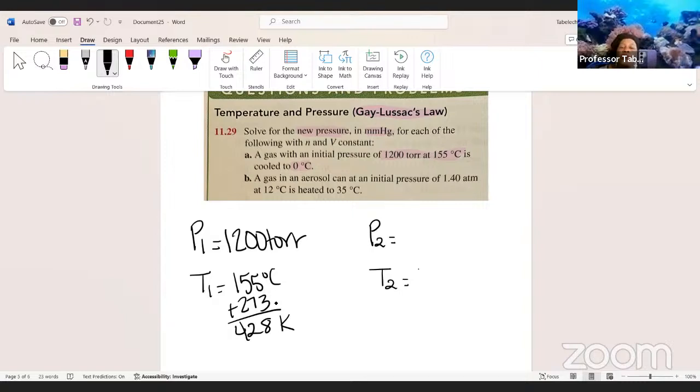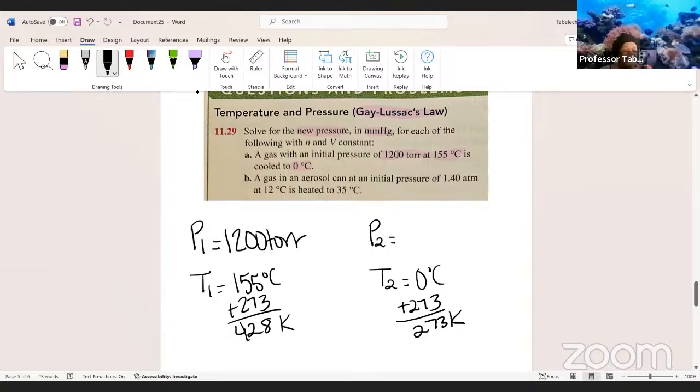It said it cooled to 0 degrees Celsius. Again, just add 273 to that. I wrote the numbers backwards. 273 to that. And you get 273. Now, they want to know the pressure, but get this, in millimeters of mercury.